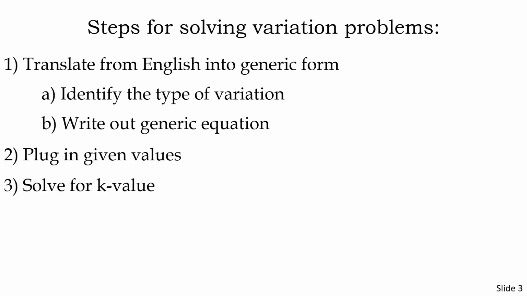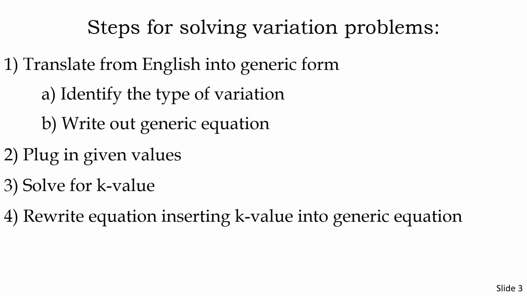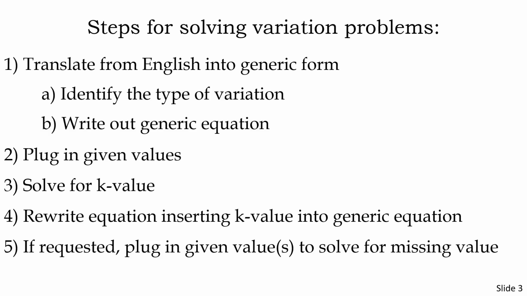Solve for the k value. 4. Rewrite the equation, inserting the k value into the generic equation. So the only number is the k number. 5. If requested, in other words, the whole reason for doing this is to use it, plug in the given values to solve for the missing value.